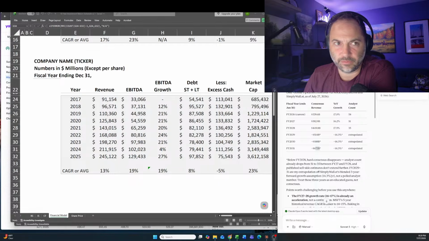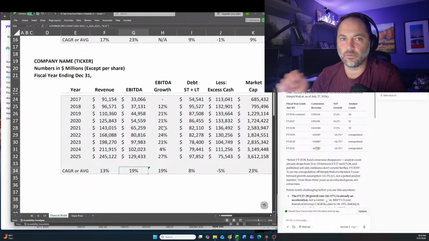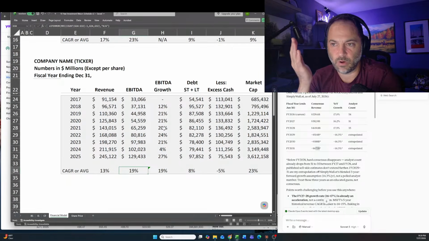Margins are definitely increasing. Does that still work? That's better. So I got 19% EBITDA growth over the same time frame, 13% on revenue.